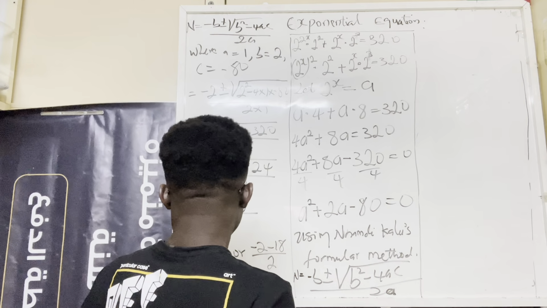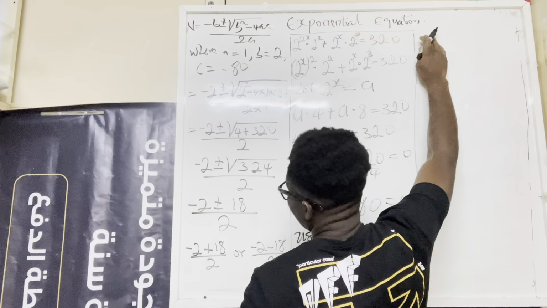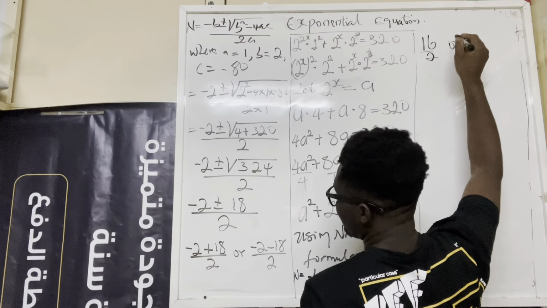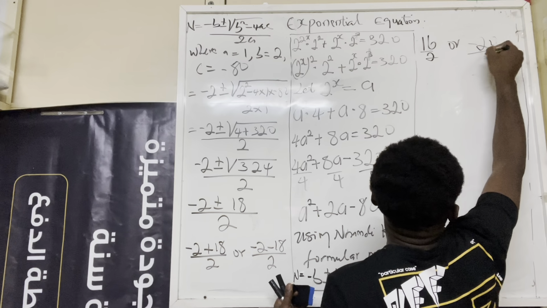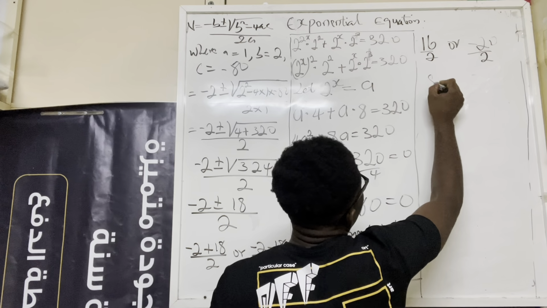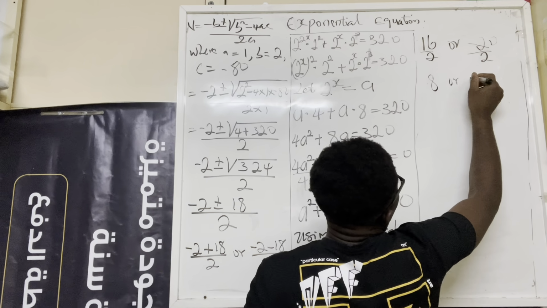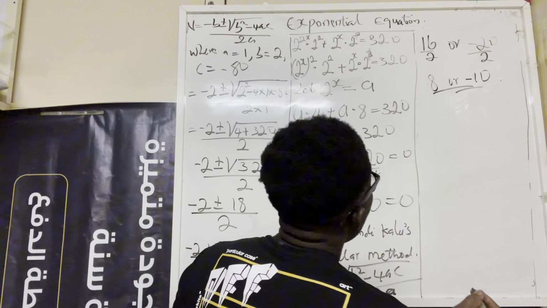We have minus 2 plus 18 gives me 16 all over 2, or minus 2 minus 18 gives me minus 20 all over 2. The 16 divided by 2 is 8, and the minus 20 divided by 2 gives me minus 10. So we got the two values now as 8 or minus 10.